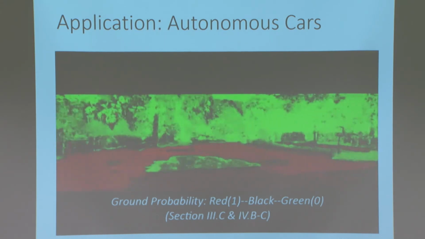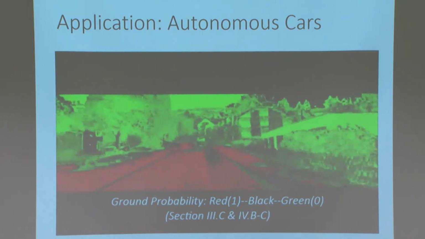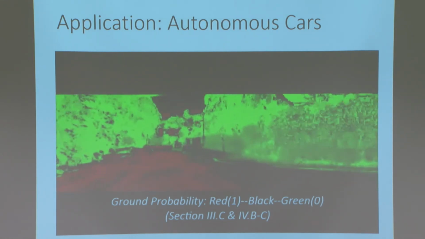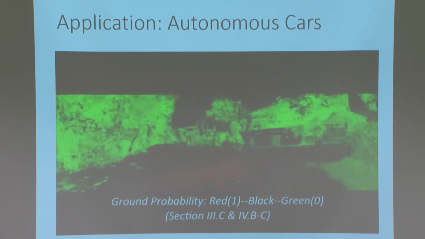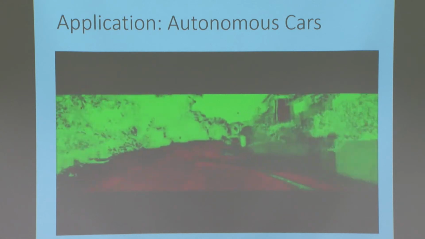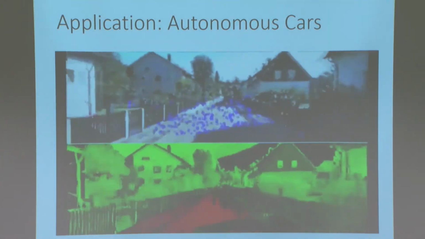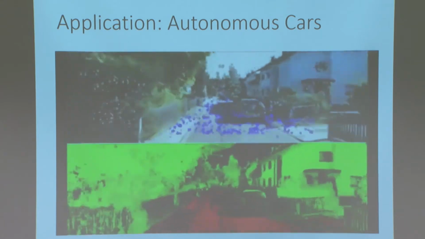If you just extract the colors in front of your image, create a histogram out of it, and train a simple support vector machine, you can start to predict which parts of the image are road and which parts are not. And once you have this information, your car knows where it can go and where it cannot go.